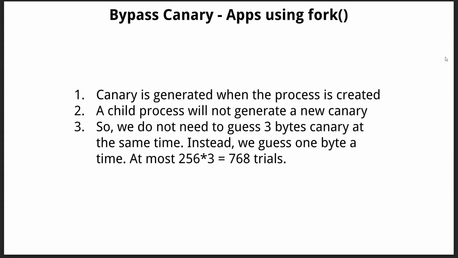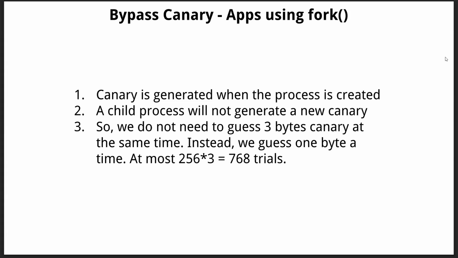Then in that case, we actually can guess the canary byte by byte instead of guessing all 3 bytes together. We try to overwrite the first byte of the canary. If it's not successful, we keep trying, and it takes at most 256 tries for us to figure out the first byte, right?